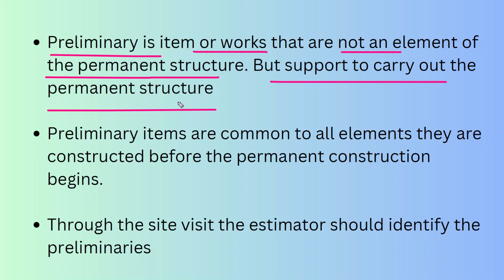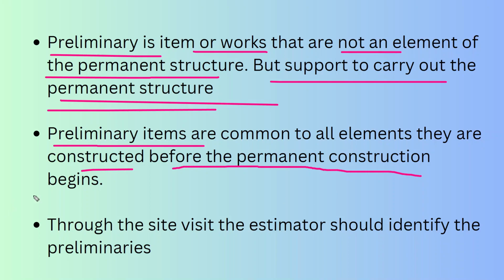So the first point says the preliminary work is not the permanent structure. This is a very important point, but it supports carrying out the permanent structure. That is another very important term. The second point is that the preliminary items are constructed before the permanent construction begins.